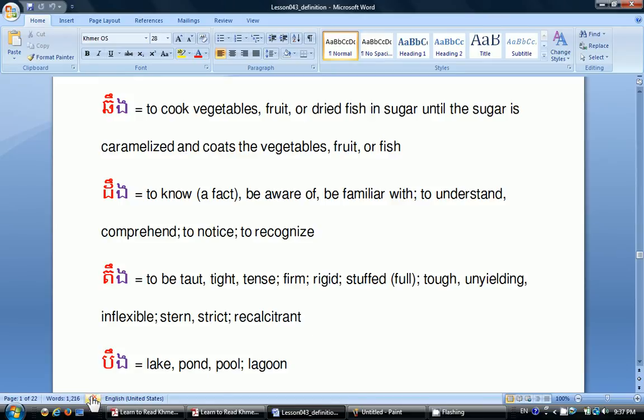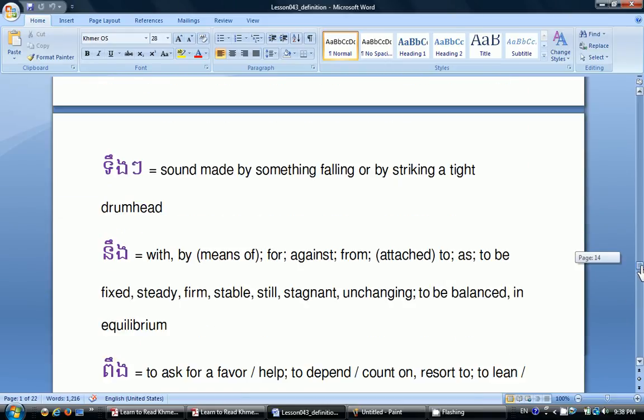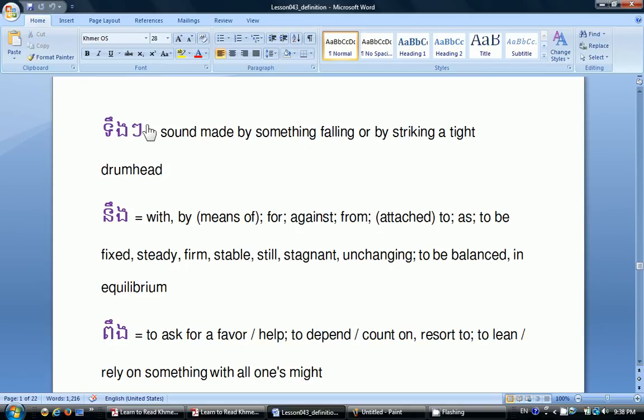Bung means lake, pond, pool, or lagoon. Chung means to be noiseless, silent, quiet, still, or motionless. This symbol again means that we need to read the word before it twice.